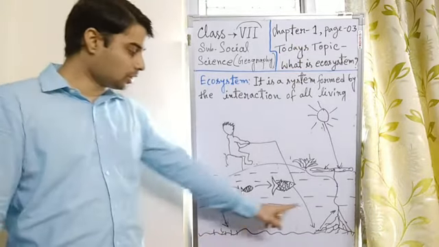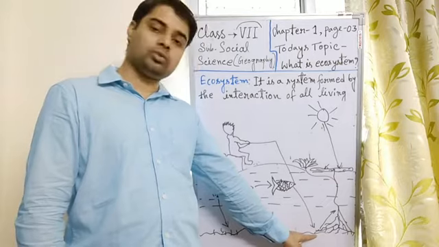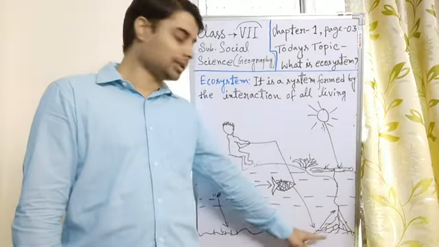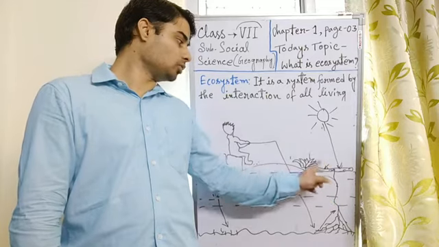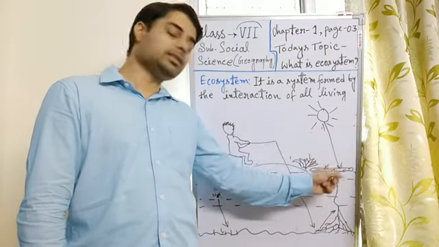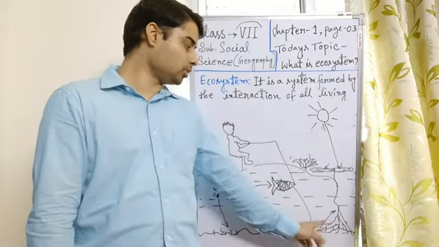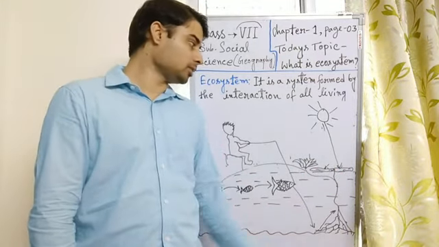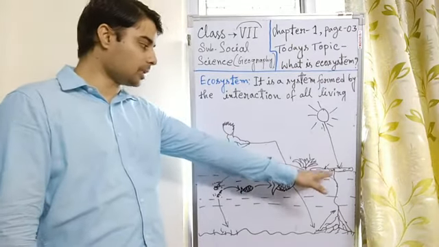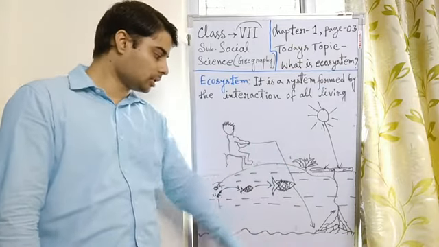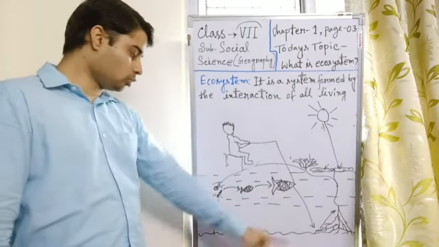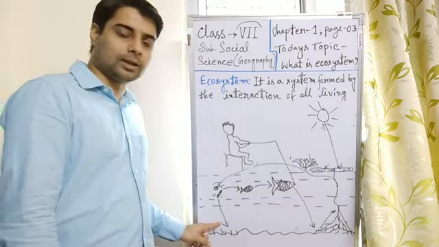Sometimes these plants also take the nutrients from the soil, and they grow and flower, and they also receive sunlight and make their food with the nutrients. Water is also present with the air, and after the death of these plants they mix into the soil in the pond, and again those planktons collect that energy.